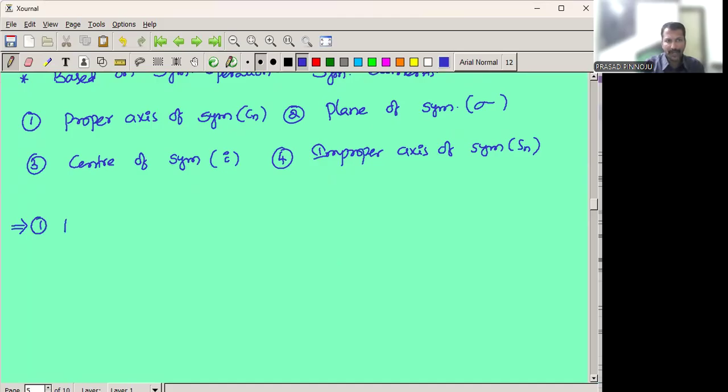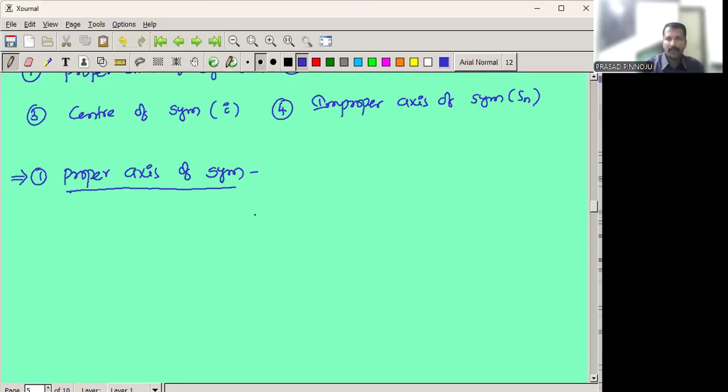First one, proper axis of symmetry. What is a proper axis of symmetry? What is the improper axis of symmetry? Proper axis of symmetry is considered as Cn. Followed by rotation axis, sir.